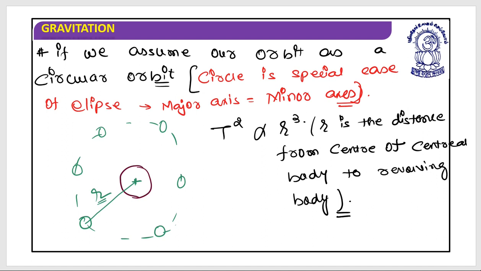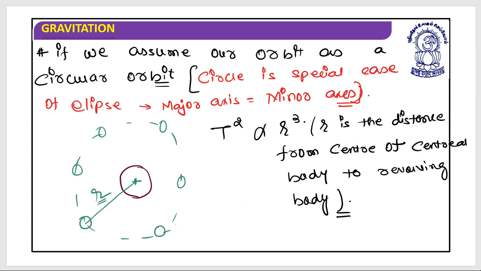You must be very careful about this. That r is the distance from the center of the central body. When I say central body, I mean it is the body around which objects are revolving. We can say that an artificial satellite is revolving around the earth.